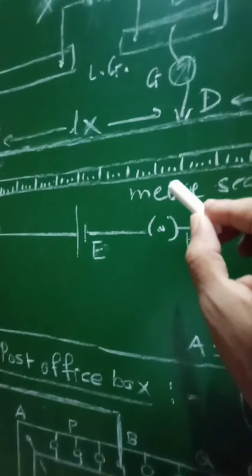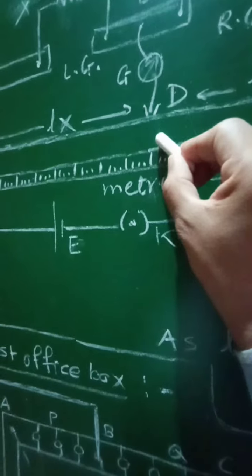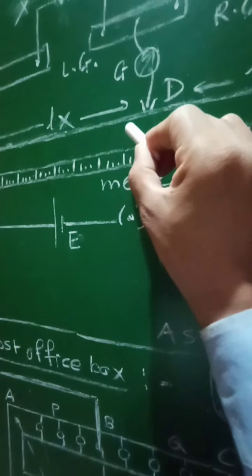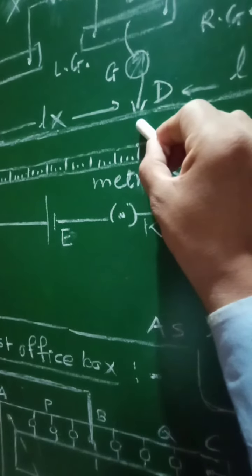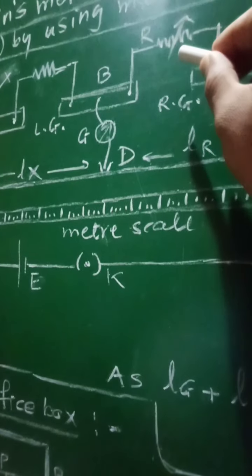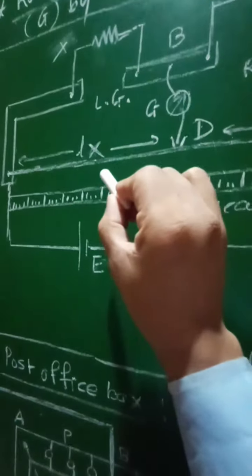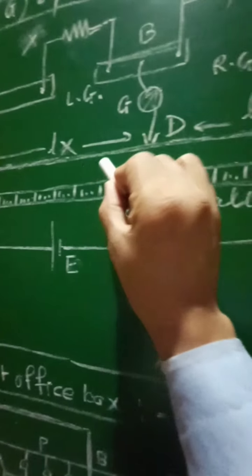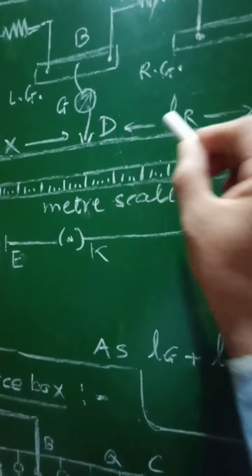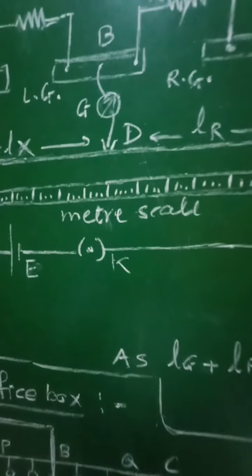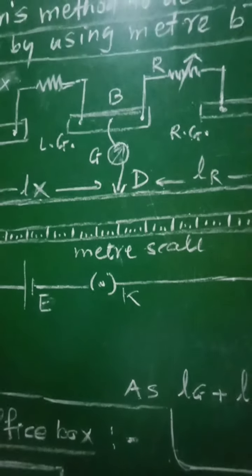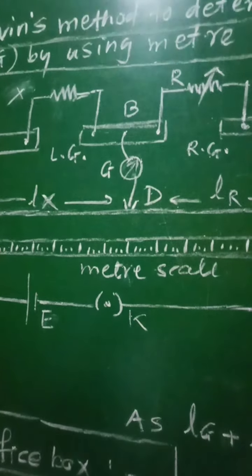But now if the null point is obtained near the midpoint of this wire, so that this value of R is adjusted so that we will get the null point between 34 centimeter to 66 centimeter along the length of the wire, then it will minimize that error.